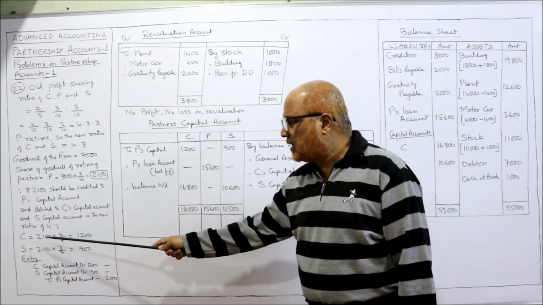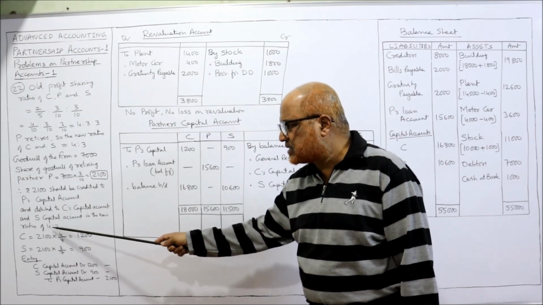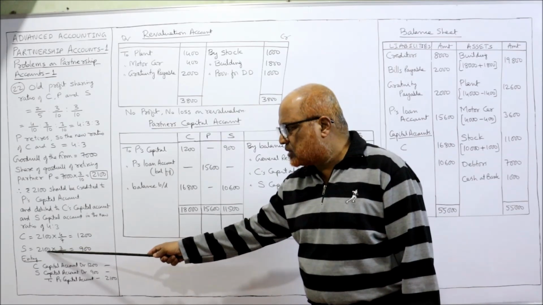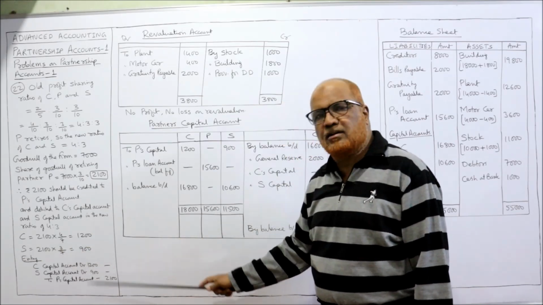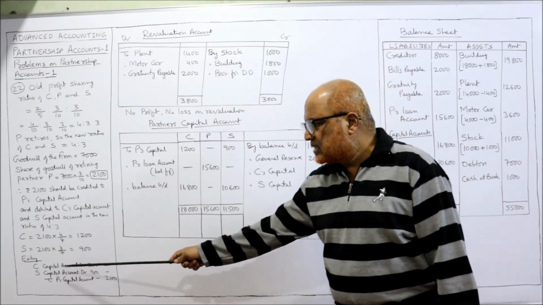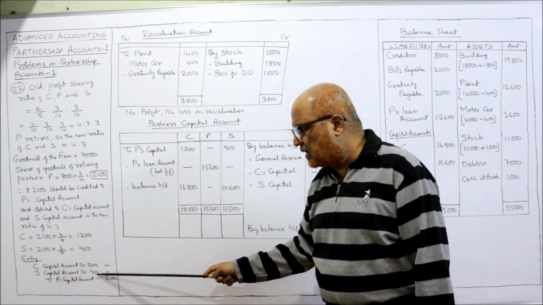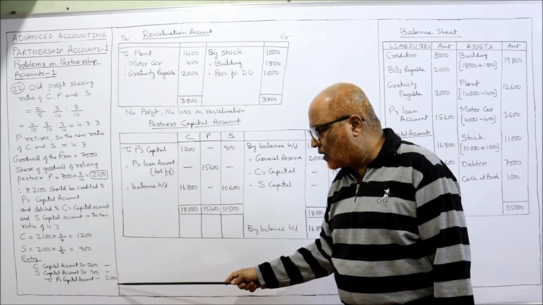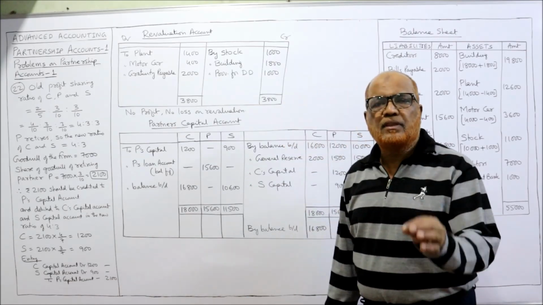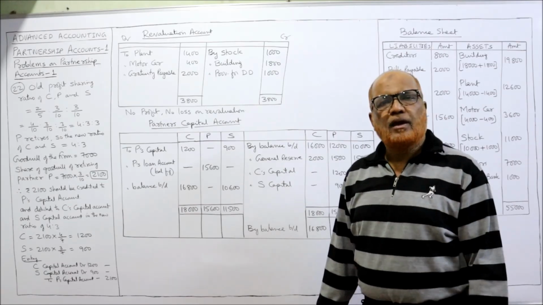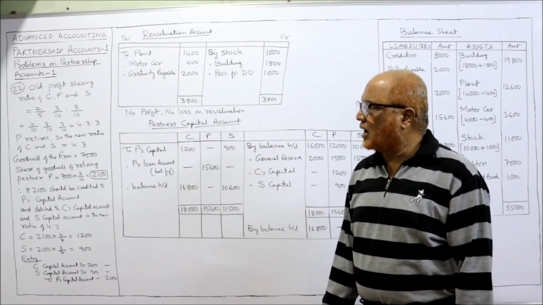So 2,100 into 4 by 7, 4 plus 3 is 7, is equal to 1,200. And S's capital, 2,100 into 3 by 7, 900. So the entry will be C's capital account debit 1,200, S's capital account debit 900, P's capital account credit 2,100. This is the entry for adjustment of goodwill in partners capital account.